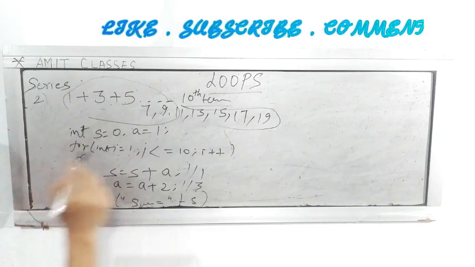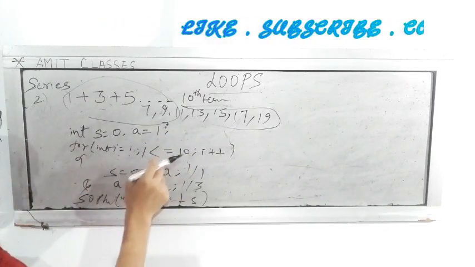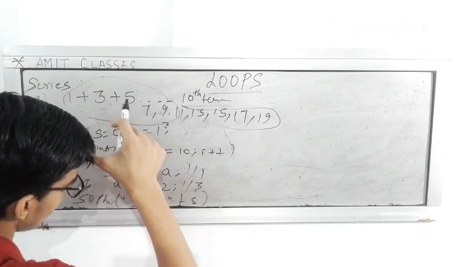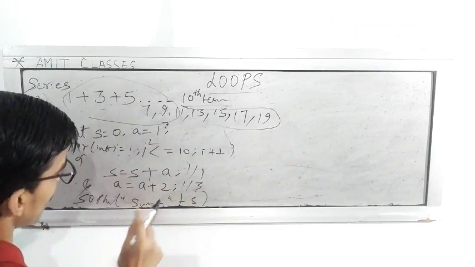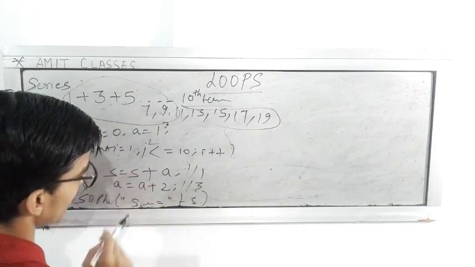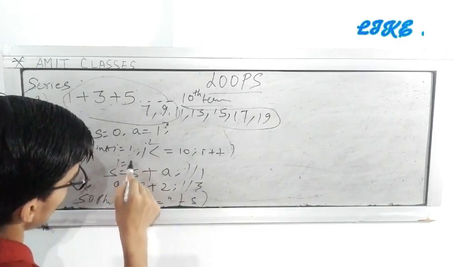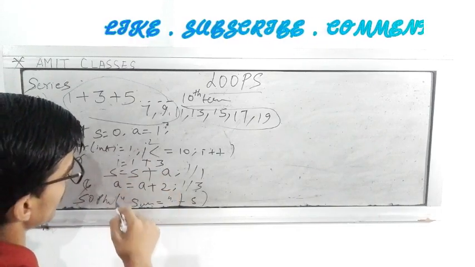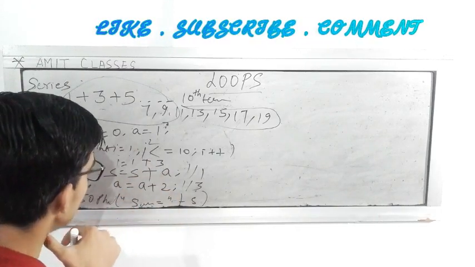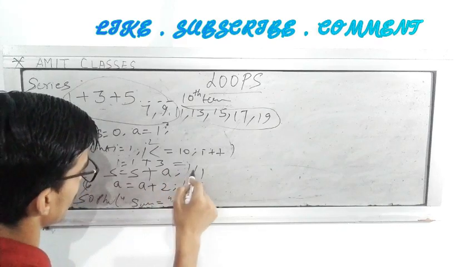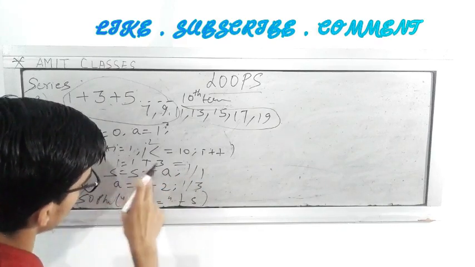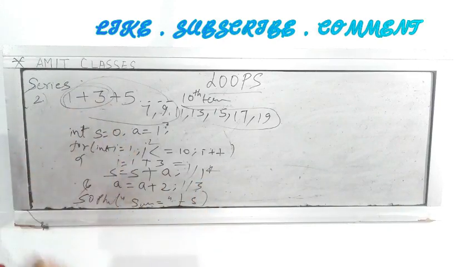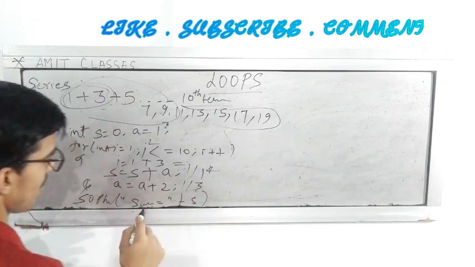Now a is 3, i will become 2 and i is less than or equal to 10, yes. Now s is equal to s plus a, s is 1, 1 plus a value 3, it will be 4, the sum of these two numbers.